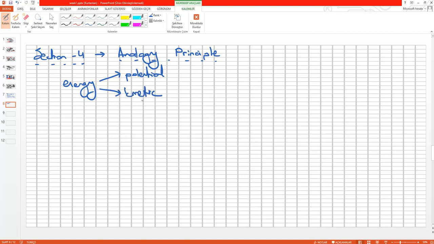Kinetic is movement, directly related to the dynamicity of the system, based on the time variable, right? But the potential is energy stored to be consumed by moving objects or anything else.